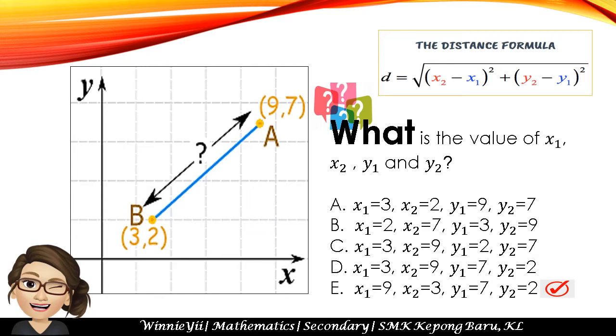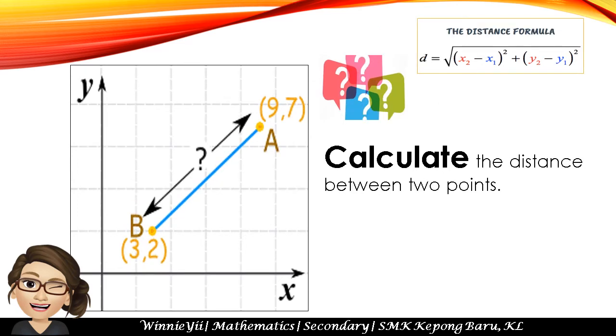Then x1 is 9, y1 is 7, x2 is 3, y2 is 2. But we also can let point B be point 1, and point A be point 2. So x1 is 3, y1 is 2, x2 is 9, y2 is 7. So C and D are the correct answers.